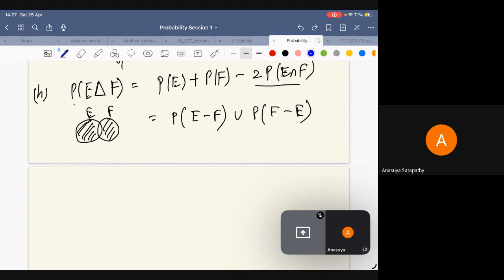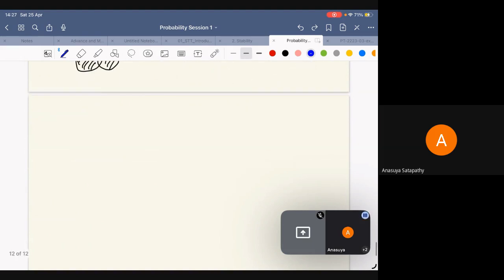Okay. Let me go to some other topic. We will now go to mostly conditional probability. And for example, there are n objects, they are different, distinct, and they are taken k times.